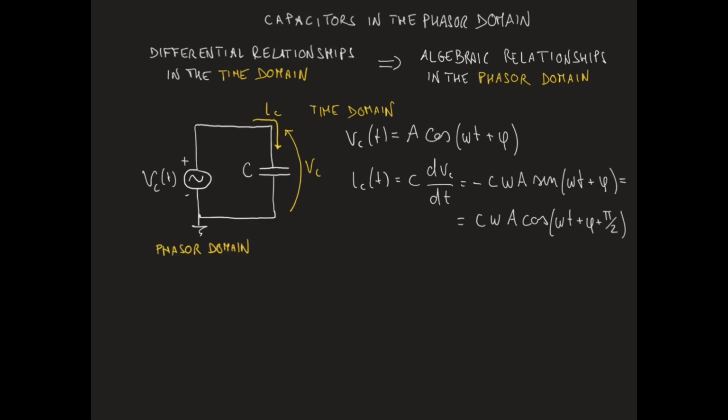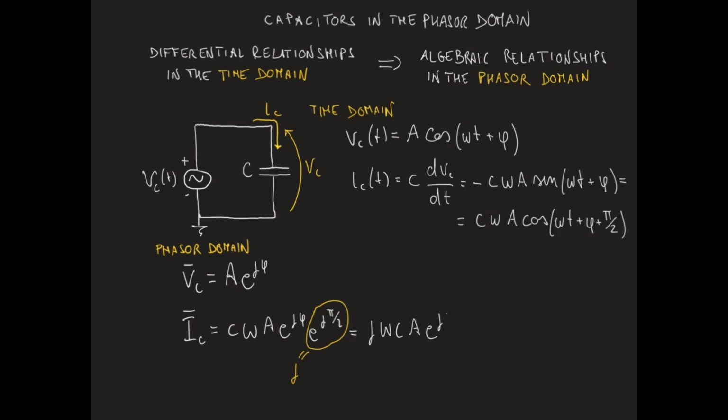In the phasor domain, the sinusoidal signal Vc of t is represented by the phasor Vc bar equal to A times e to the j phi, while the current IC of t, also sinusoidal, is represented by the phasor IC bar equal to C omega A e to the j phi e to the j pi divided by 2. e to the j pi divided by 2 is simply j, the imaginary unit, so IC bar can be written as j omega C A times e to the j phi.